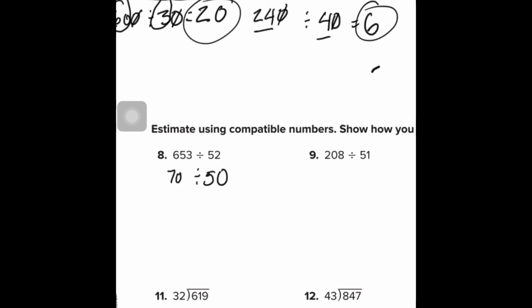I'm going to actually go like this, 700. So we can cross off a 0 there, cross off a 0 there. So we have 70 divided by 5. 5 will go into 7 one time. 1 times 5 is 5. 7 minus 5 is 2. Bring down the 0 is 20. Ooh, I know that goes into 4 times. So then I'm going to say equals 14.